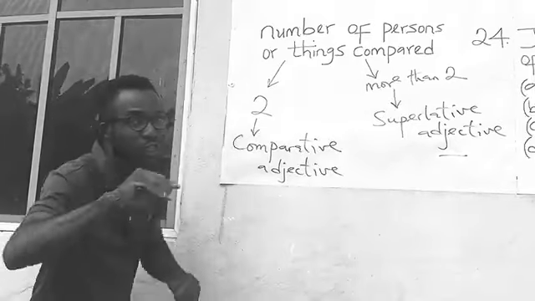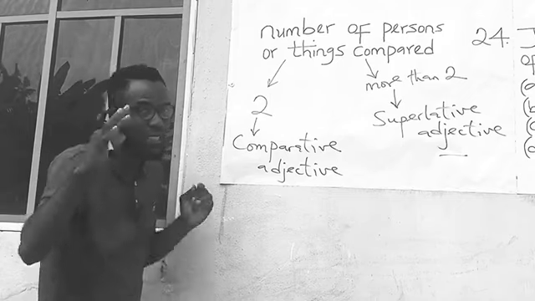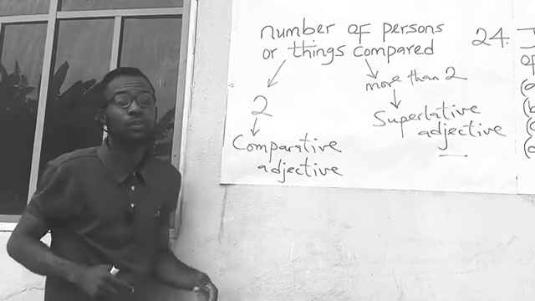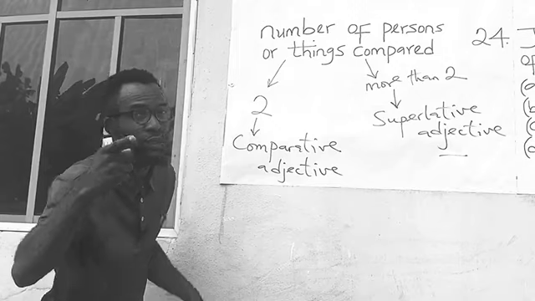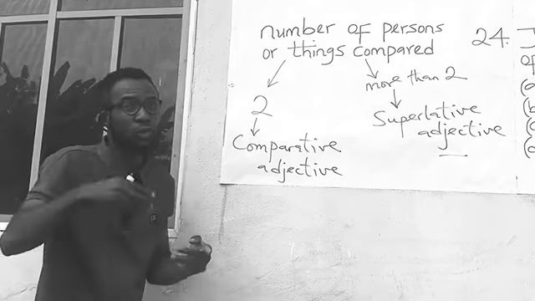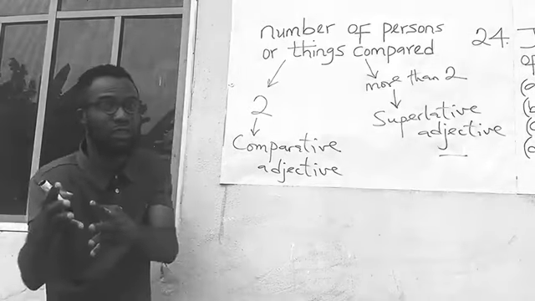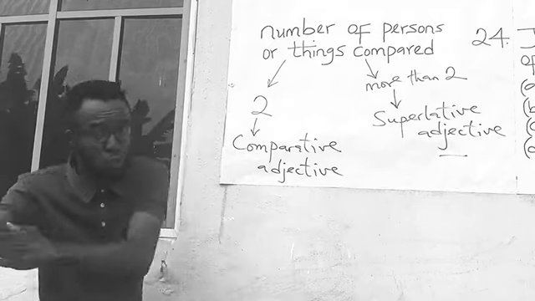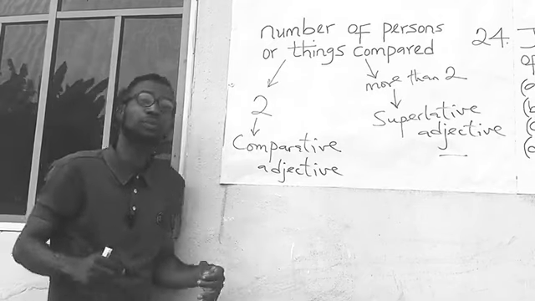I know that the question you want to ask me now is the gargantuan one: how are we going to know that the number of persons or things compared in the question is 2 or more than 2? Let me help you.